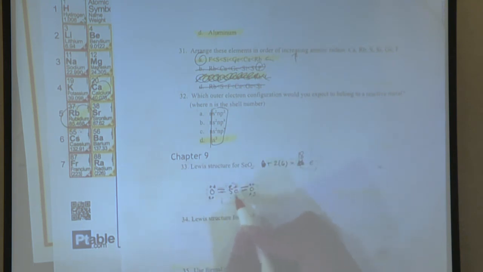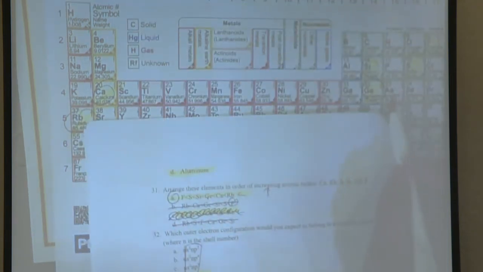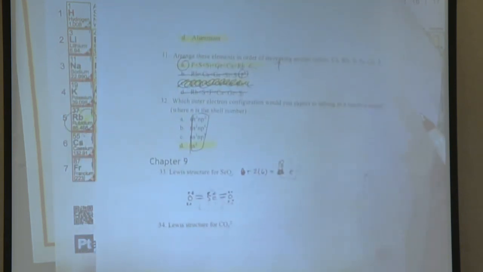For some strange reason, selenium doesn't like to take on 6 electrons, even though it technically can, because of the fact that it's a 4th period element, but it doesn't like having that expanded octet like that. So what it's actually going to do is it's going to resonate. Like that.